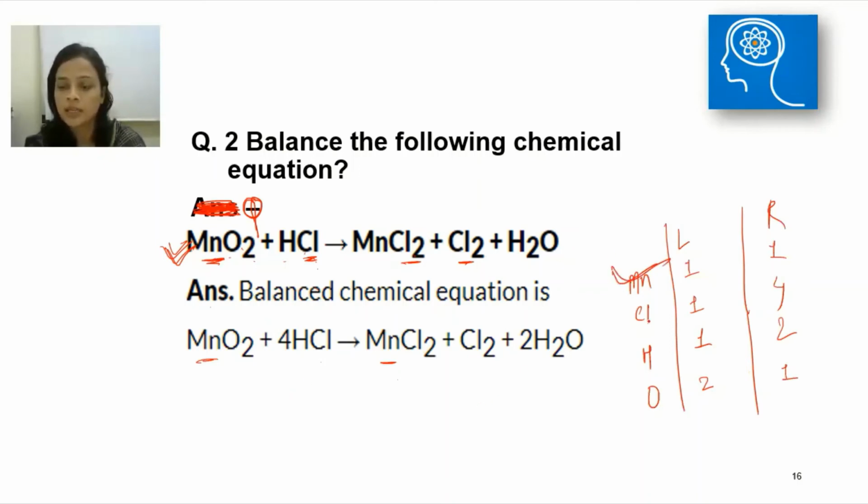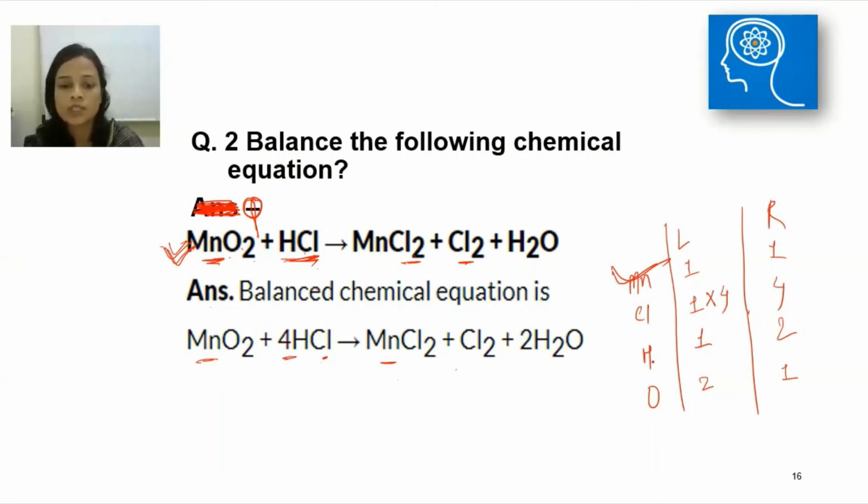What about Cl? Here we need 4 Cl. So we have to multiply this 1 by 4. So to this HCl the coefficient is 4. Now it becomes 4Cl.